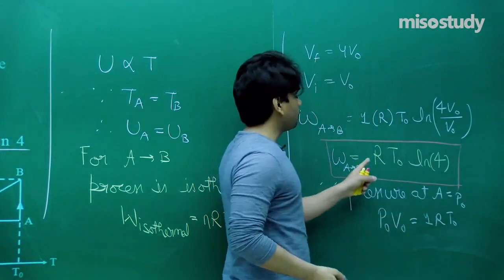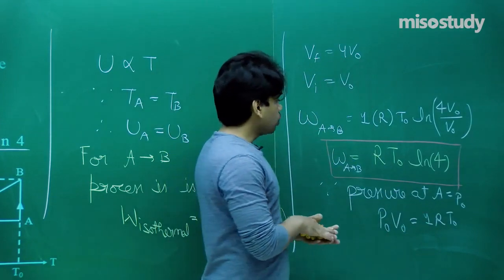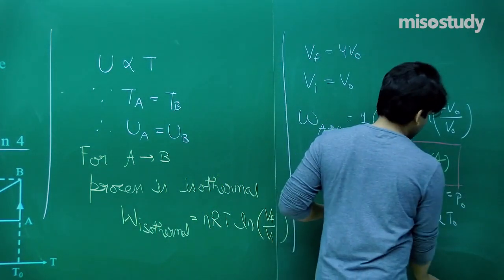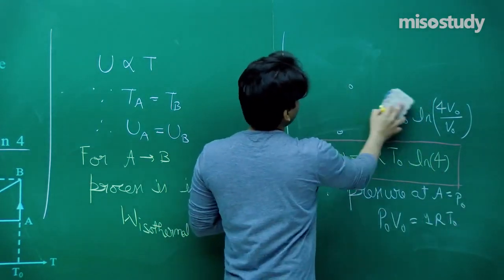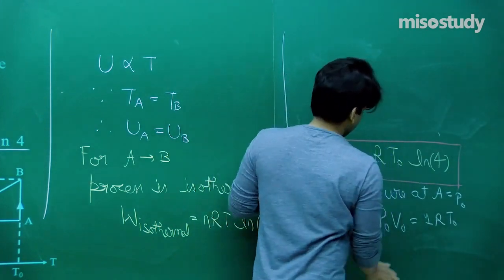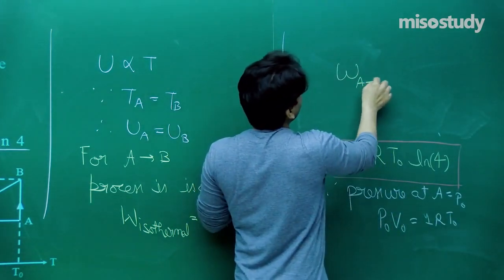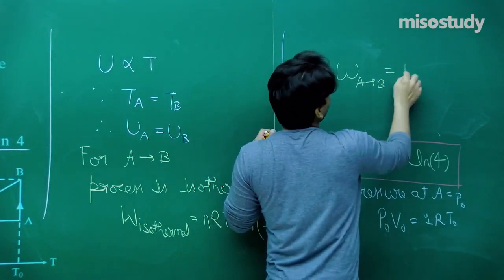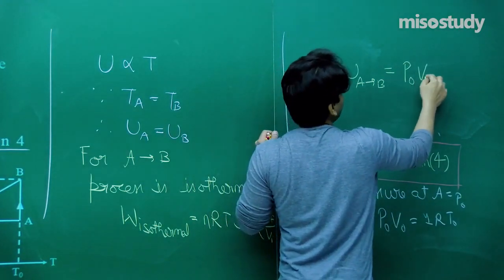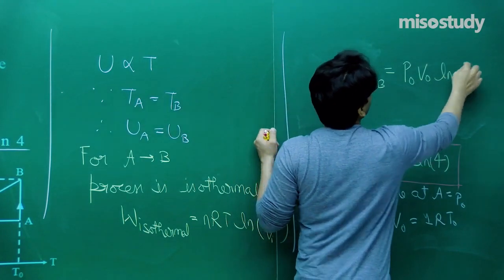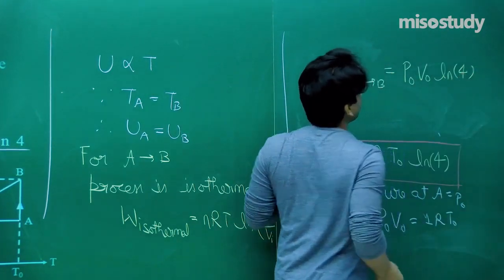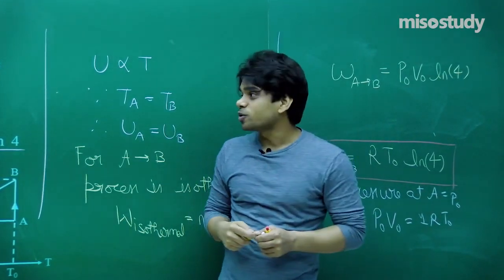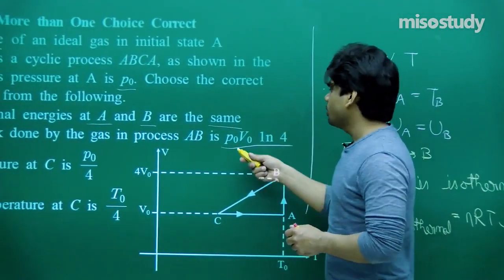So RT0 you replace with P0 V0, and you will obtain the work done from A to B as P0 V0 ln 4. This is what you are going to obtain. Let's check with option B: work done by the gas in process AB is P0 V0 ln 4.